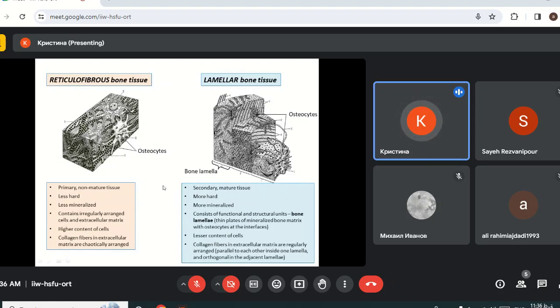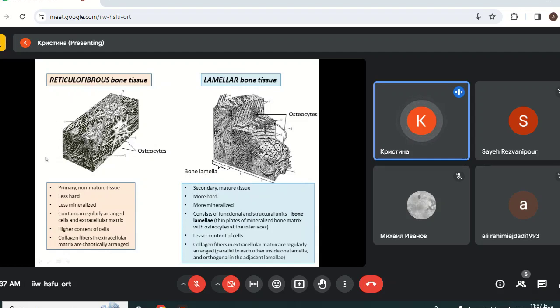And also during rebuilding of the bone in our adult body, especially during the healing of breaks, when we break our legs or arms, for example, first reticulofibrous bone tissue is formed, and then it is rebuilt to form lamellar bone tissue.